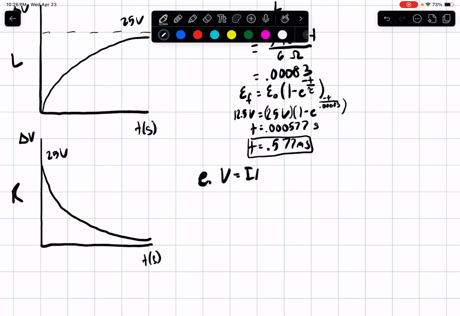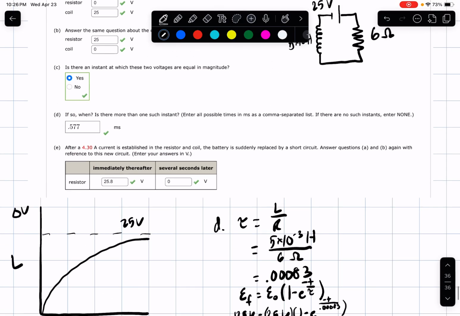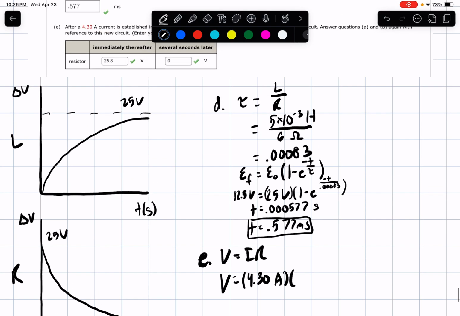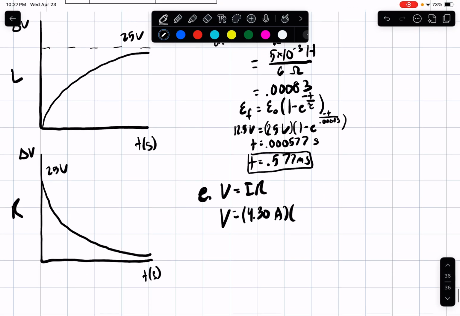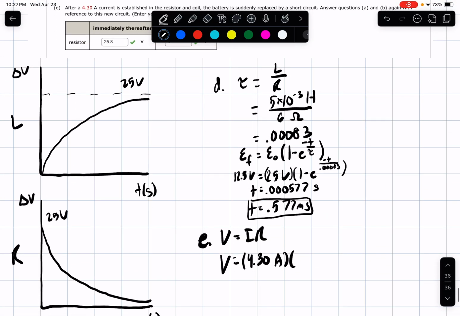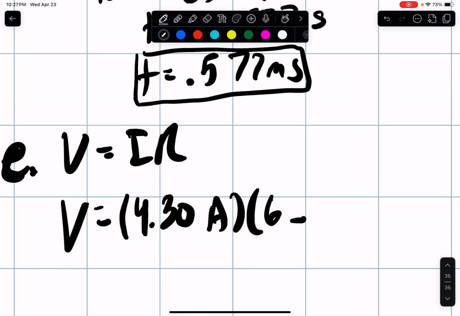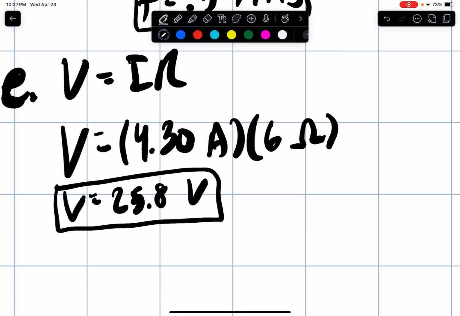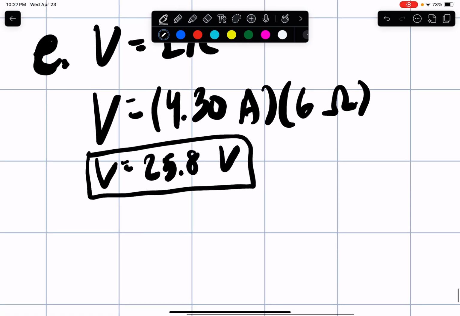V equals IR. Your I was 4.30 amps and your resistor is 6 ohms. Plug that into your calculator. You get that it is equal to 25.8 volts immediately thereafter, at time equals 0.